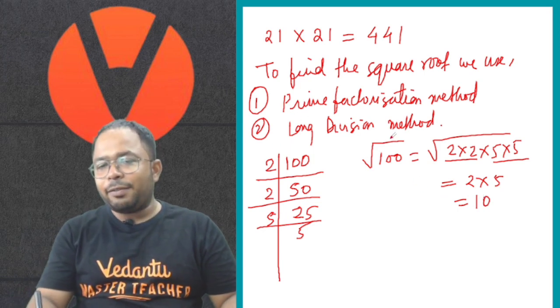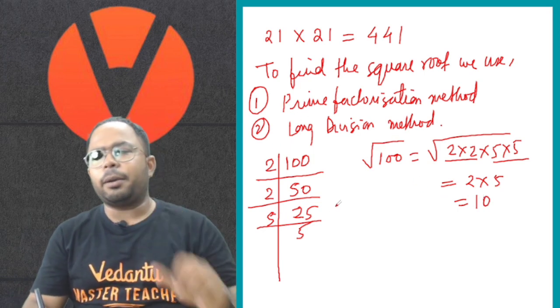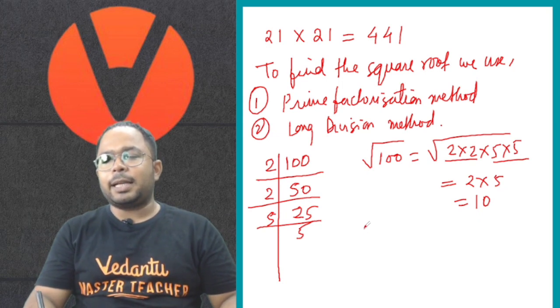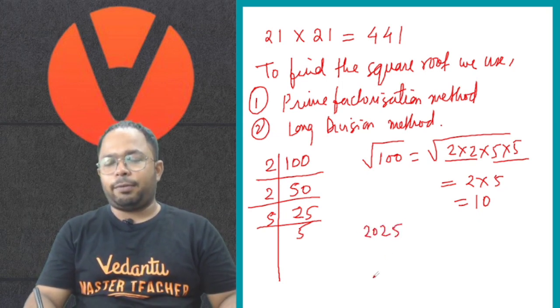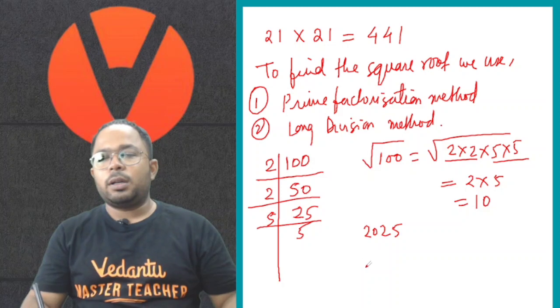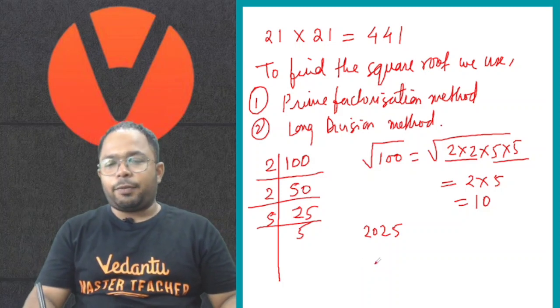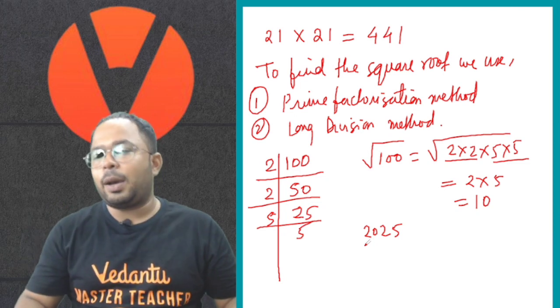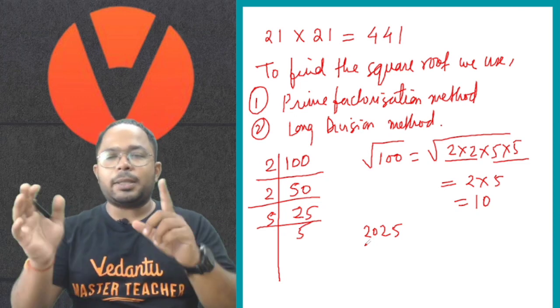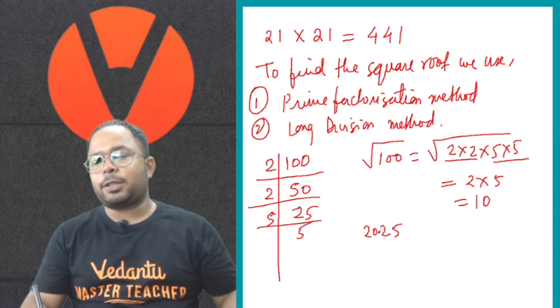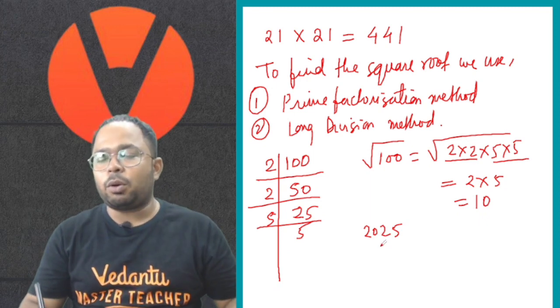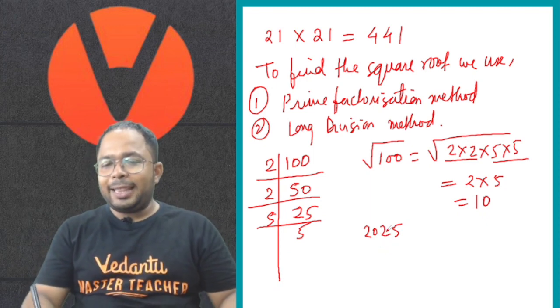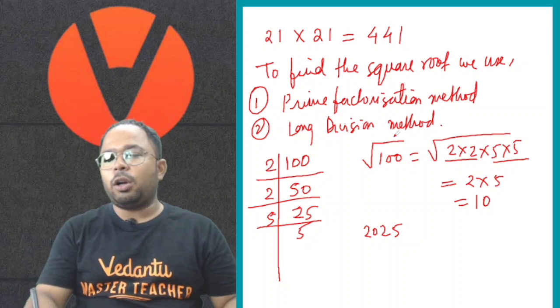Now the long division method we use for bigger numbers. Let's say for example 2025, we need to find out the square root of it. And let's say this is a perfect square, because all numbers are not perfect squares. In that case, we use the long division method.